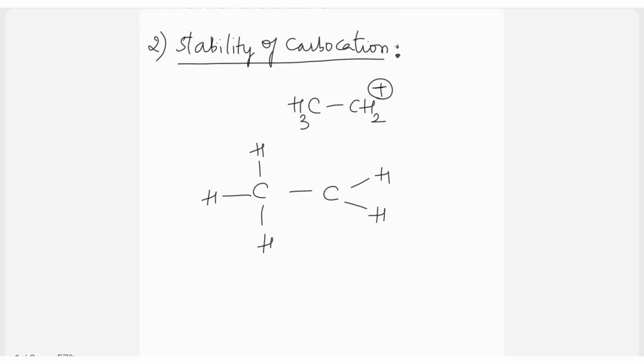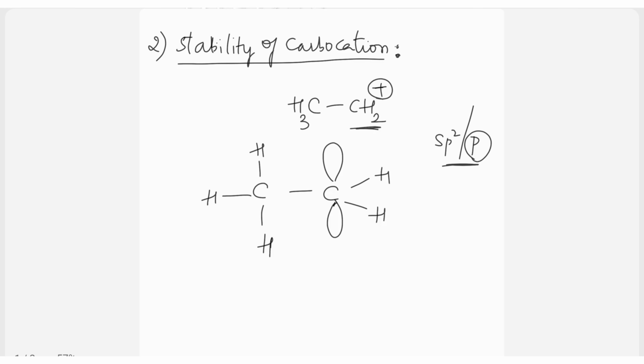And here this positive charge indicates what? An empty p orbital. When we were talking about the condition for hyperconjugation, we said that there has to be either an sp2 carbon or an empty p orbital. So here we are considering a carbocation with an empty p orbital.